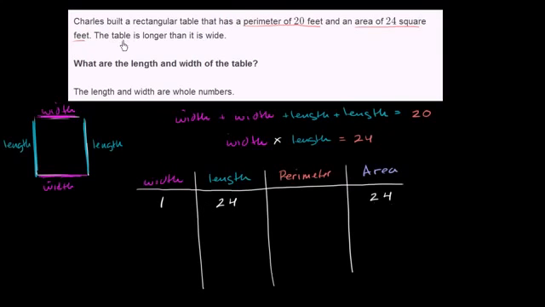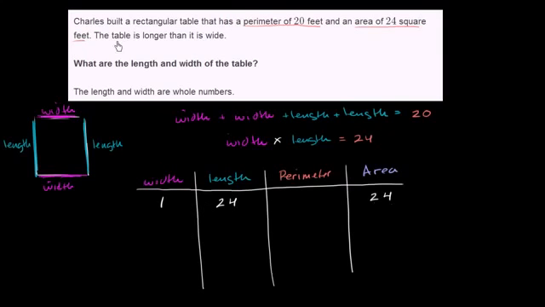They tell us that the table is longer than it is wide, so we want the larger number under length. But what is 1 plus 1 plus 24 plus 24? That's 2 plus 48, which is 50. So this doesn't meet our condition that the perimeter is 20. Let's cross that out.